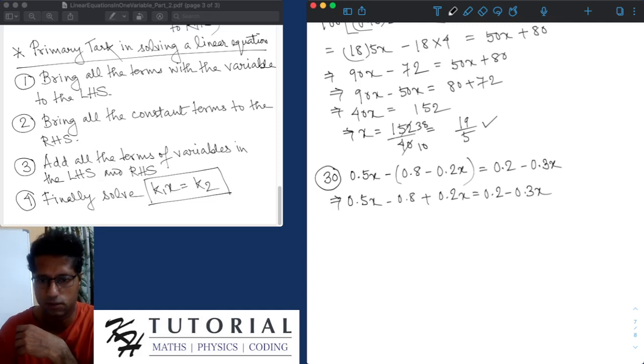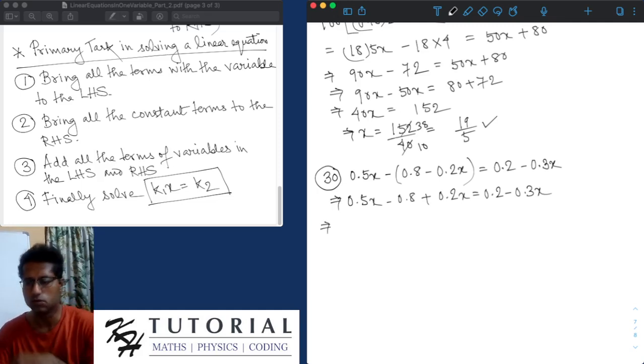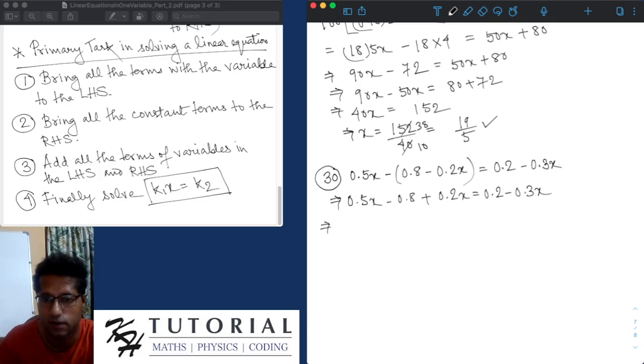Then I will bring all the x terms to the left hand side and the constant terms to the right hand side. It becomes 0.5x plus 0.2x plus 0.3x equals 0.2 plus 0.8.